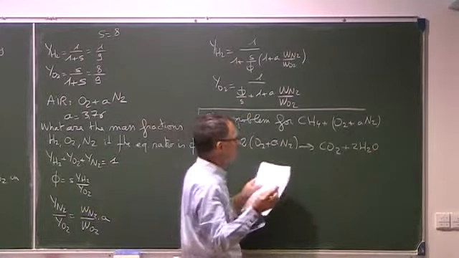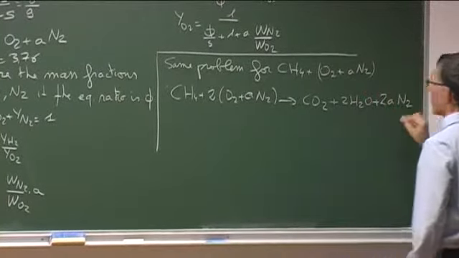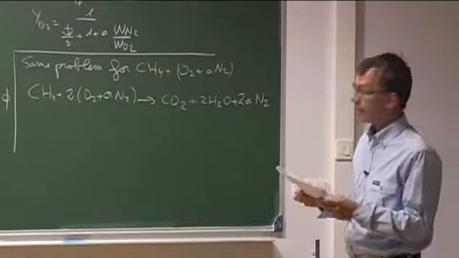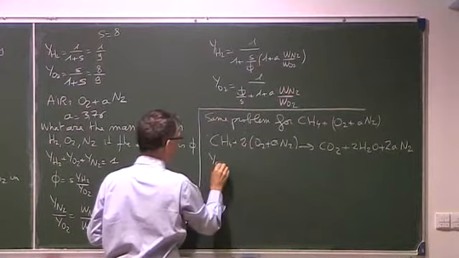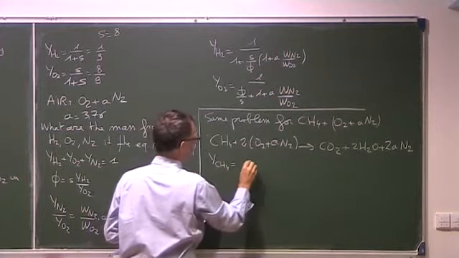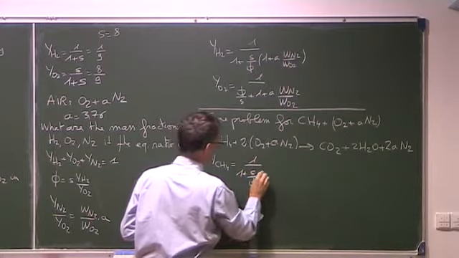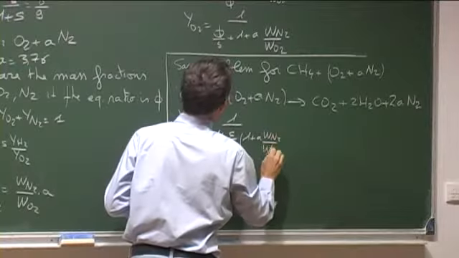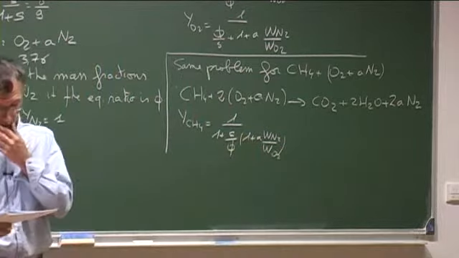And the N2 doesn't do anything at the moment, so N2 stays here. If you need to compute now Y_CH4 in this mixture, you're going to find the same expression as before, except you need to put S equal 4 now, here.